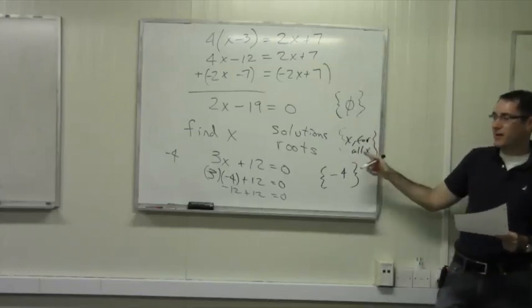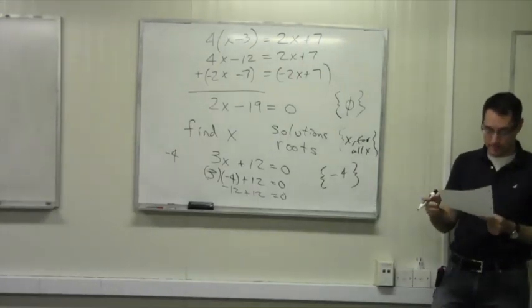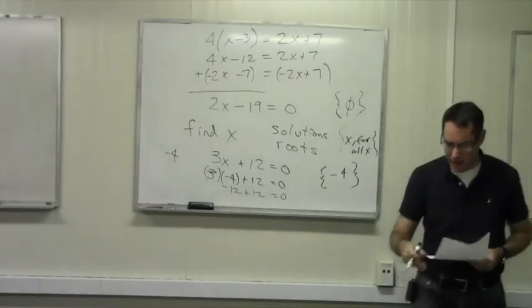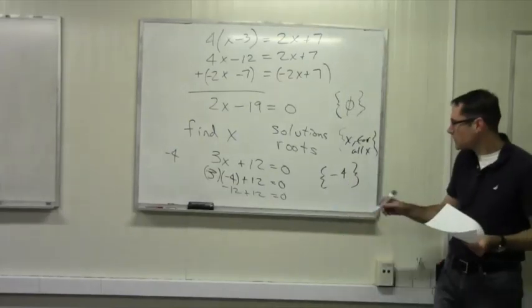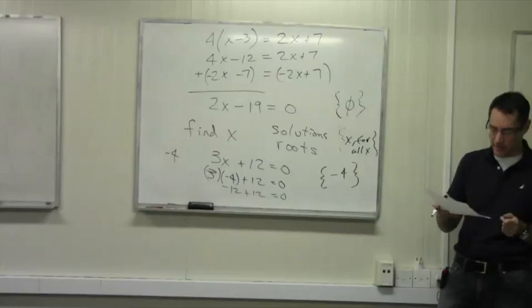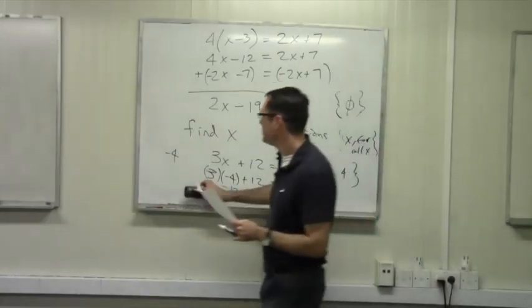Meaning it's every answer, like the one we had before, where you could plug in any answer and it would solve it. I don't think that's exactly how they stated it on there. You'll see it if the answer comes out that way. All right, we're getting there.